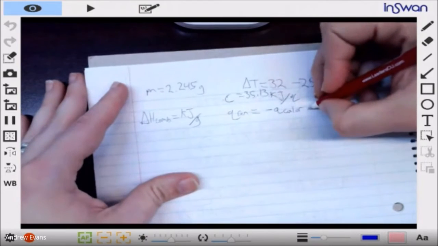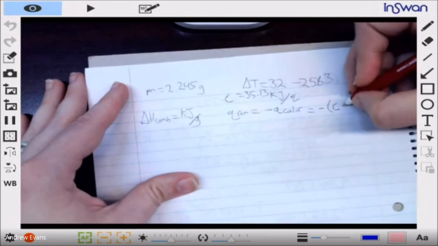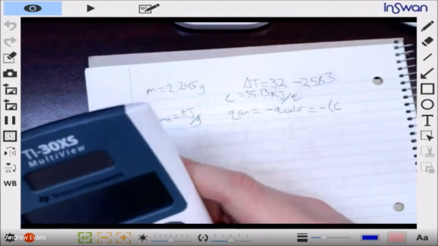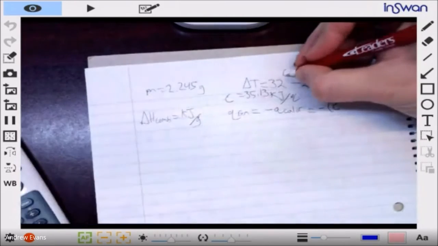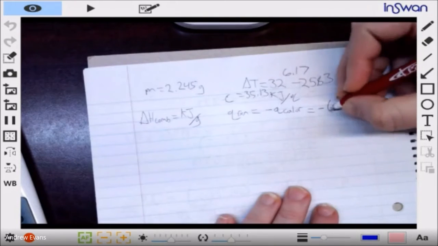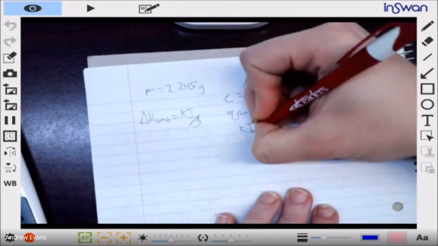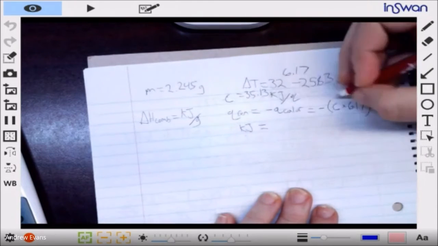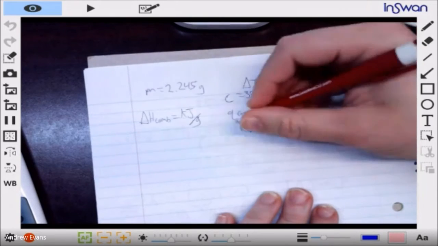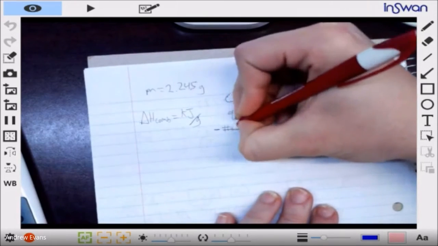We're going to have our C and let's calculate our delta T. 32 minus 25.83, 6.17. C times 6.17 will give us an answer in kilojoules. Because this is a positive number and this is a positive number and we're taking this to a negative, our heat of reaction, Q reaction, will be a negative number.